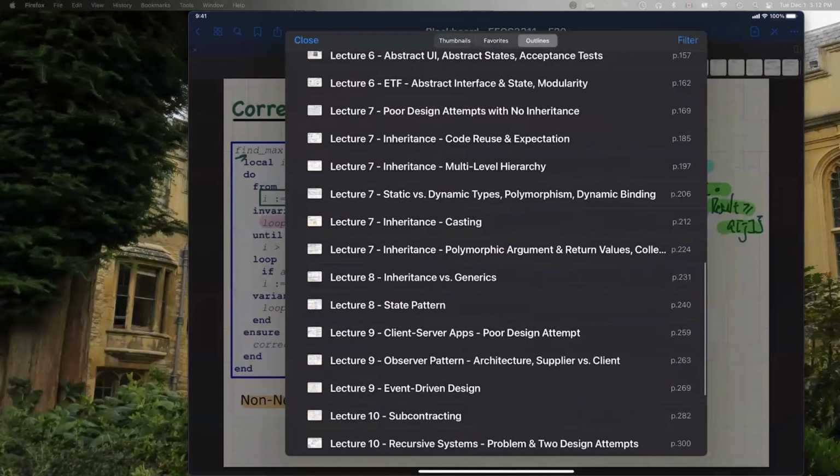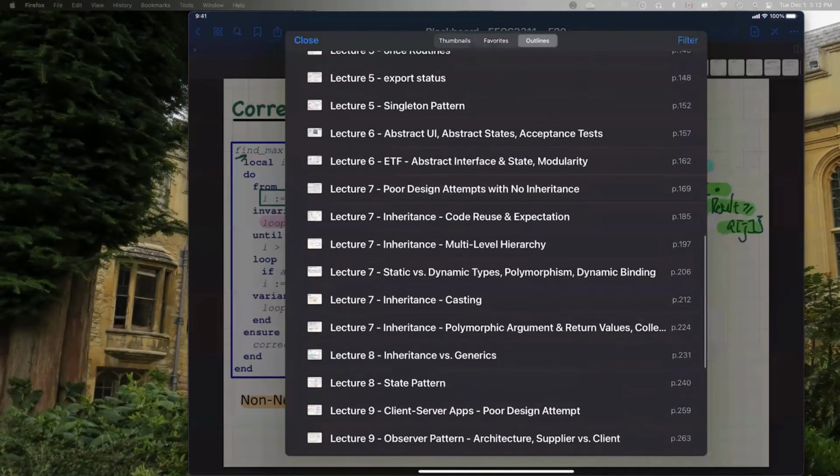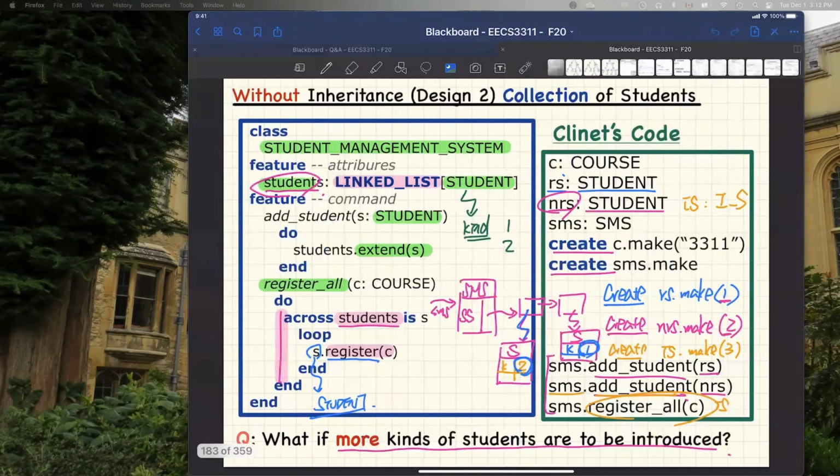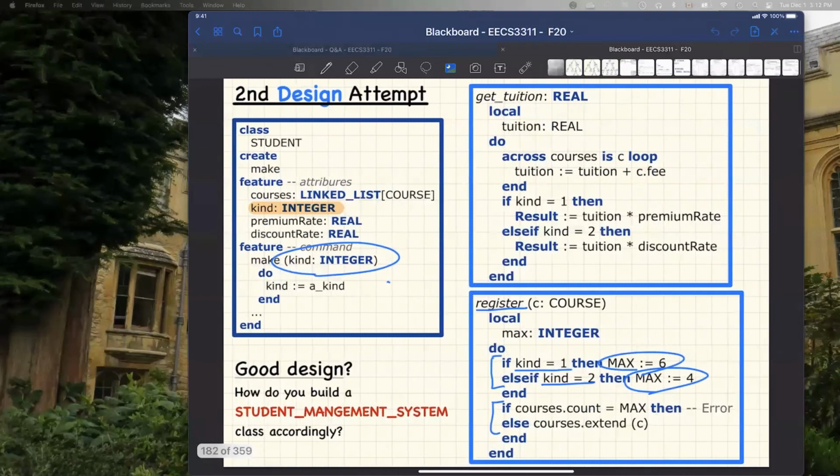Let me find it. Should be around here. Okay, good. Let's review this very quickly, and then we'll go back to that quiz question.